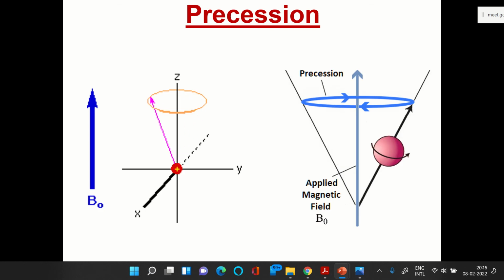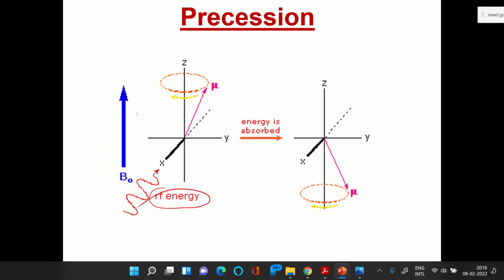You apply the field, the natural tendency is to go the other way. For the same direction of the spin, you will have a different direction of the magnetic moment, the opposite direction. So in that case, this will be reversed.